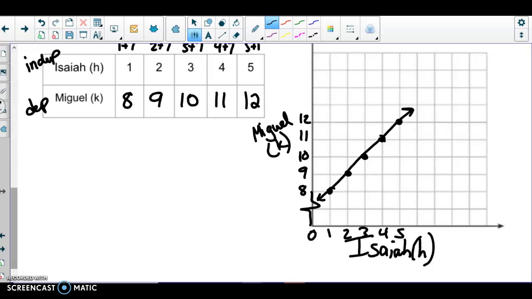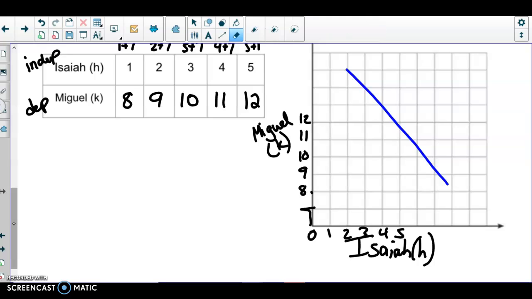Now, this would extend, it would go down into other quadrants. If we travel to the left and up high, it would continue on. Know that your graph doesn't always have to look that way. It could instead make a line like this through your graph. Your line could look like this.